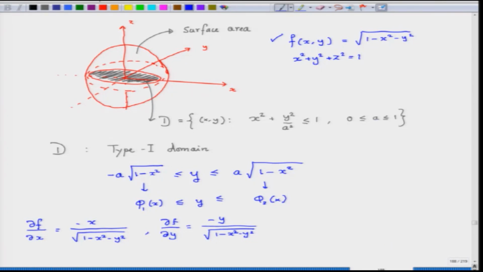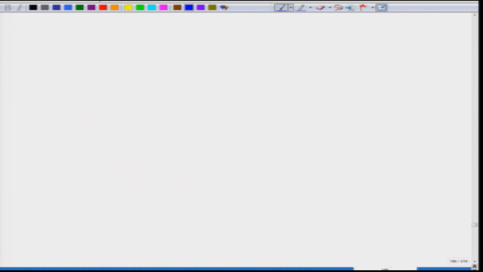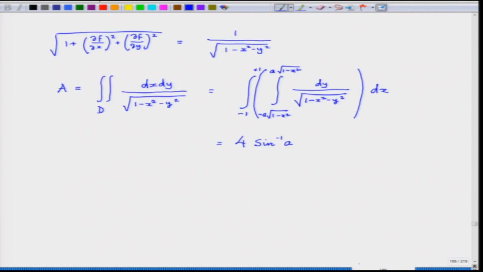Now, you understand that this is a very general kind of problem that we had given. If I had put a equal to 1 here, that would give me the whole circular domain given by the red dotted line, and then I am essentially asking about half of the surface area of the sphere of radius 1. In that case, I will put a equal to 1 and sin inverse 1 is pi by 2, and then I will have 4 pi by 2, that is 2 pi.